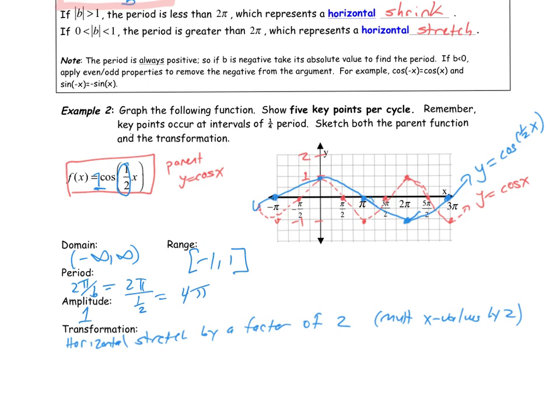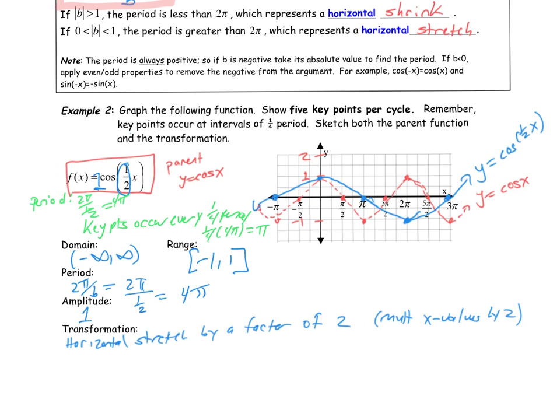And rather than doing the horizontal stretch like we did, an alternative way to do this from the beginning is we could have taken the period, which, well, we just did, the period is 2 pi over 1/2, which is 4 pi, and then key points occur every 1/4 period, which will be 1/4 times 4 pi, which is pi.